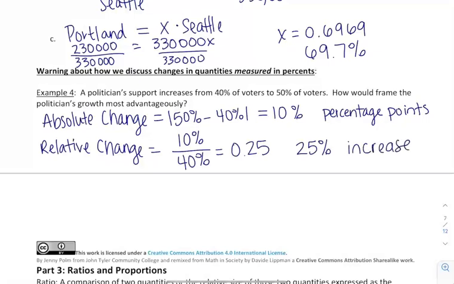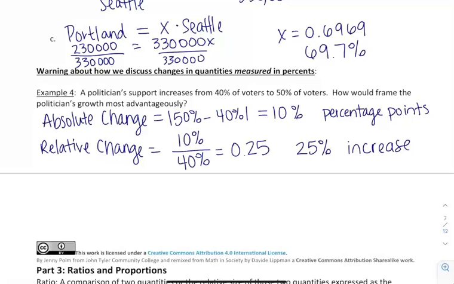You could also say that he had a 25% increase. Both of these are true. Both of these are accurate, but they're saying something different. A 10 percentage point increase is actually from 40 to 50%. A 25% increase is just growing 25% of where you started.